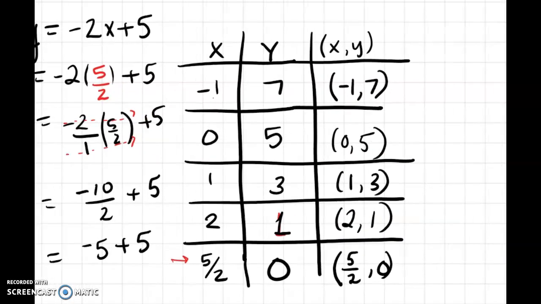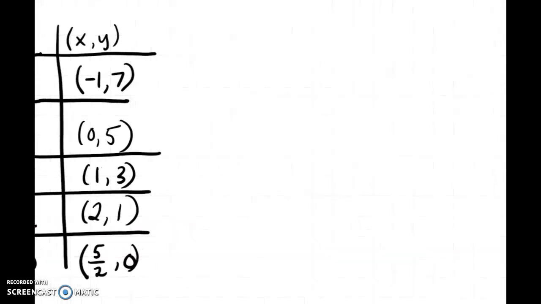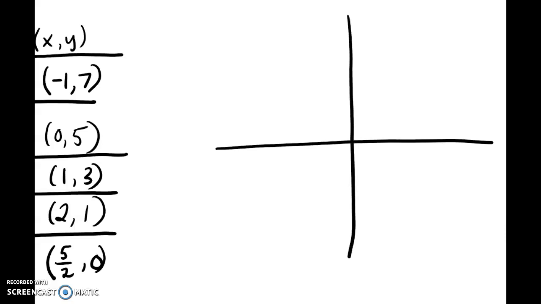The second part of this problem asks us to take our ordered pairs and then graph them. So I've got my ordered pairs here, and then we have the graph in WebAssign. On the graph, each grid mark is 1 unit apart.